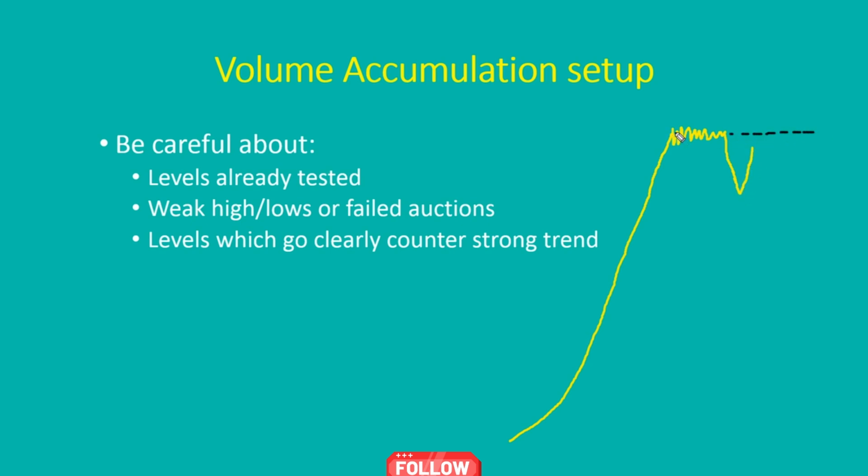Alright, let's say that the heaviest volumes in this rotation are in here, then it's very risky to enter short in here because it's counter strong trend, and especially if there is a weak high like this one. This would be extremely risky to go short from.